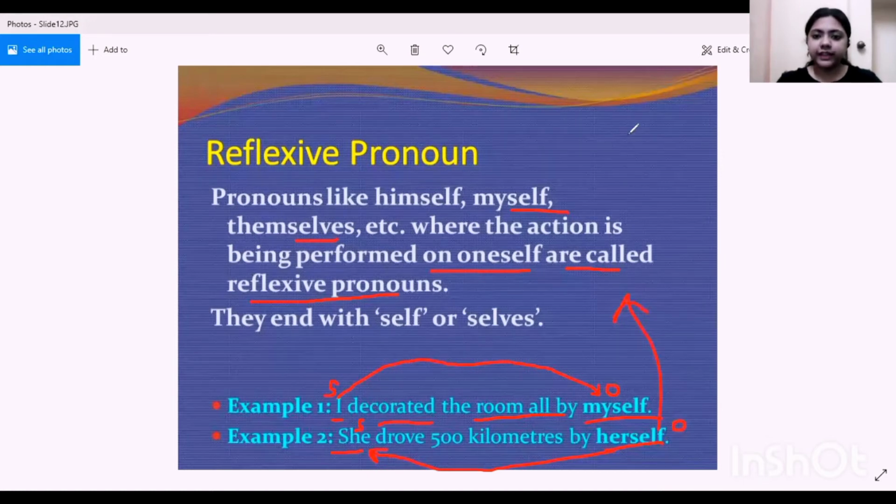So reflexive pronouns are the pronouns where the subject and the object is the same, and where the action is being performed on the subject only. When it is referring to the subject only, then we use a reflexive pronoun, and they always end with self or selves. For the singular ones we use self, and for the plural we use selves.